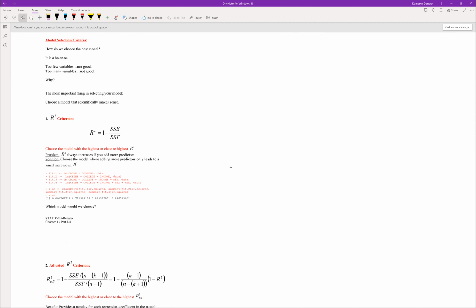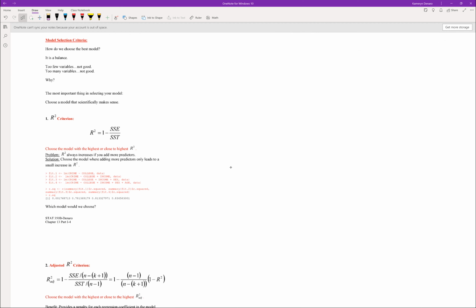It's always a balance where you don't want too many variables, but you don't want too few variables. So what we can do is use some criteria to decide which model is best. The first criteria we're going to talk about is the r² criteria. In every model, we can pull off an r² value.